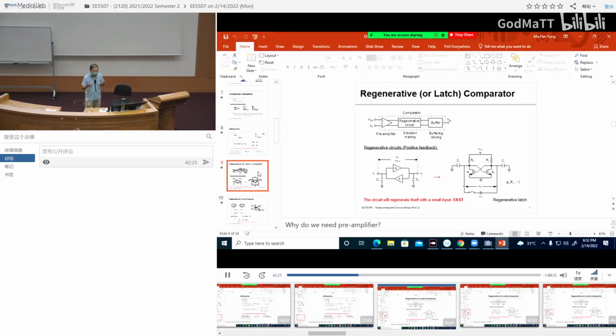I just want the gain to be big so that my speed is fast. So how can you implement that? He comes to the idea: why don't I use positive feedback? How does positive feedback work? Anybody?